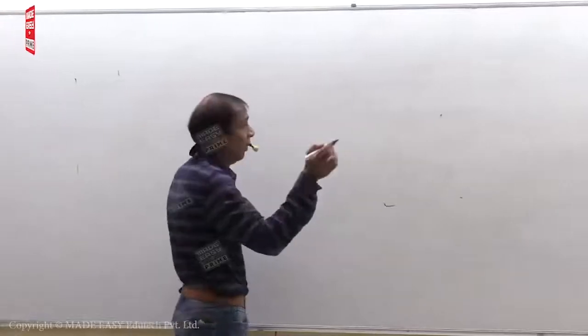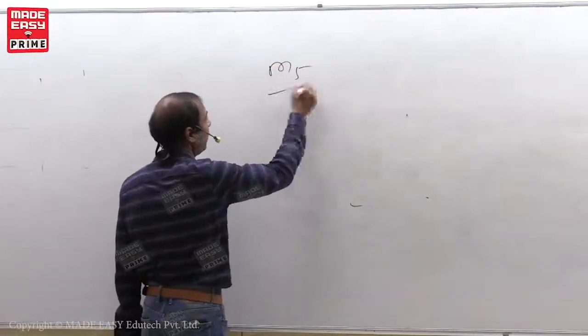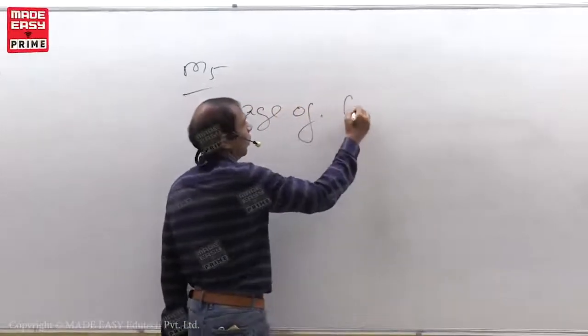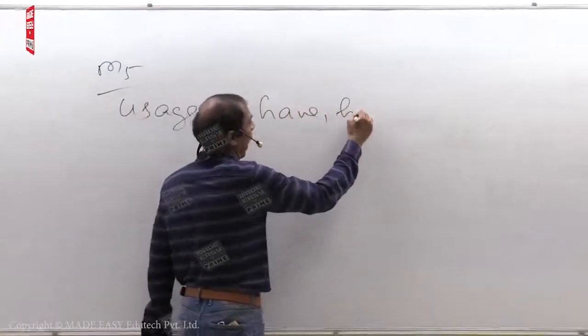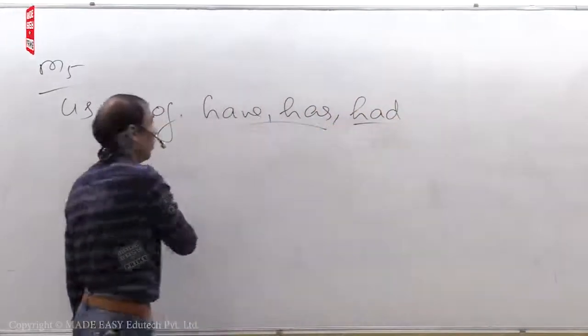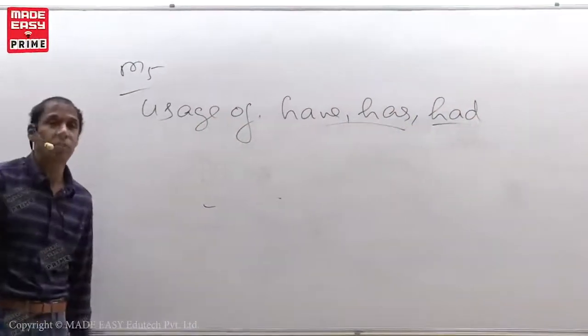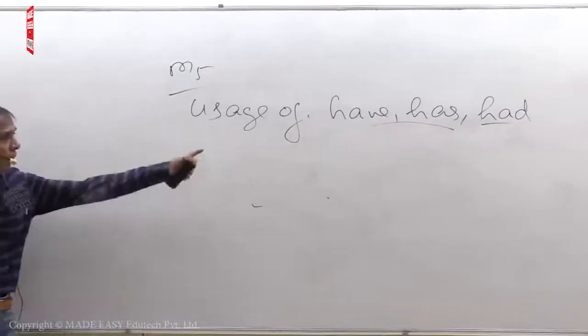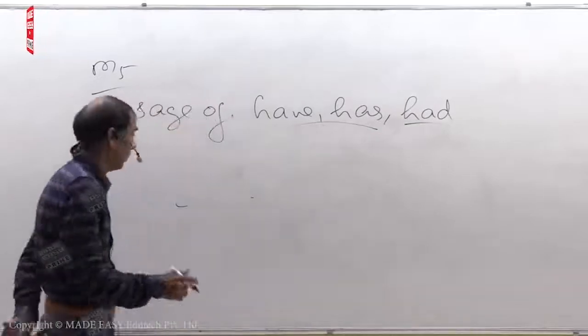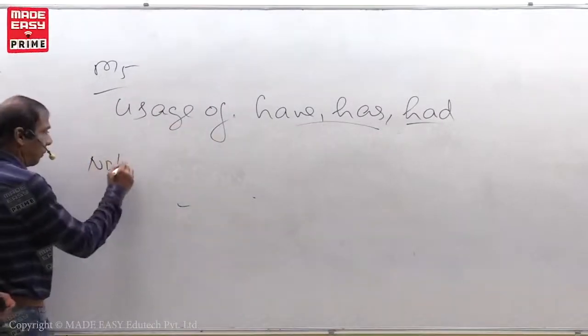Next model, model 5. Uses of have, has, had. These 3 are also very dangerous. Why? Why dangerous? Look at uses of have, has, had. Note.